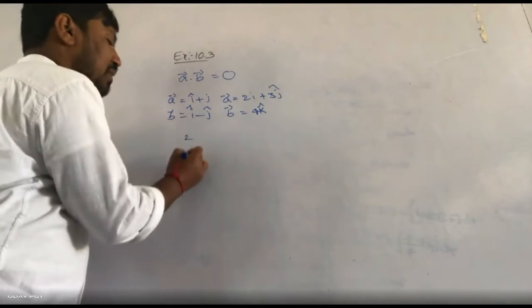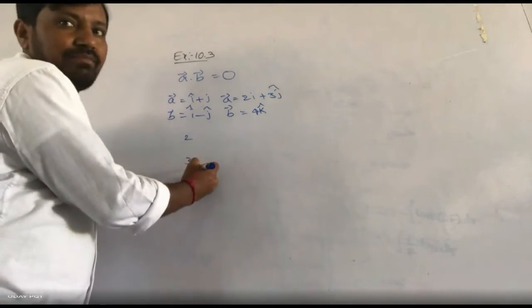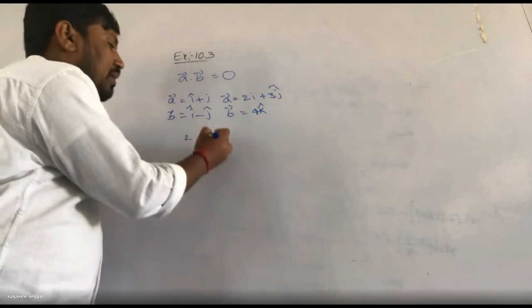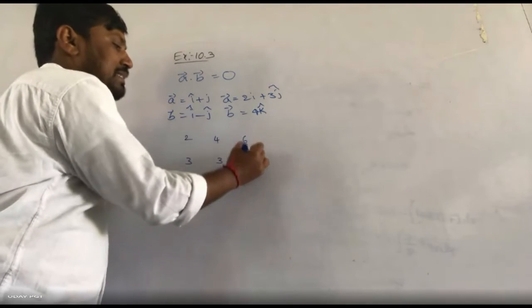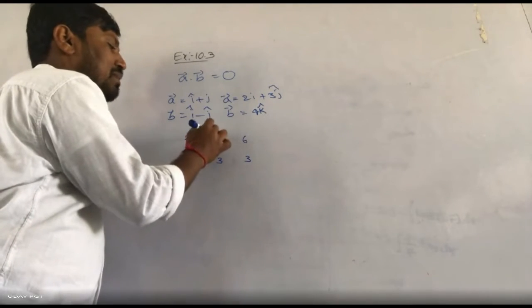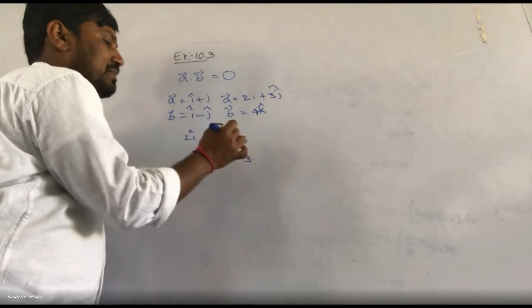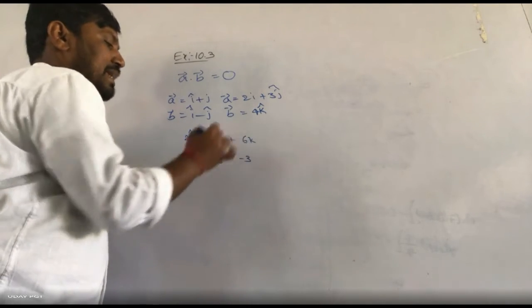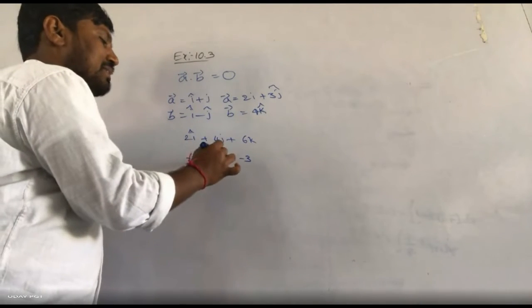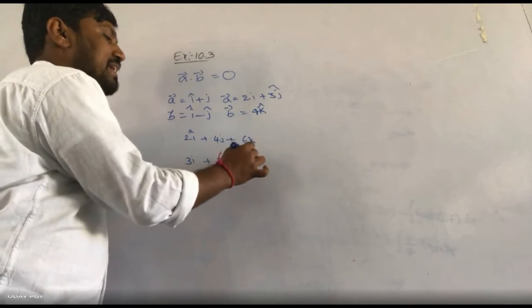Suppose here 2, I have given 2 3s are 6. 4 3s are 12, 18. The sum of these two, 6 3s are 18. So 2i plus, here minus, 4j plus 6k. 3i plus 3j minus 3k. That's all.